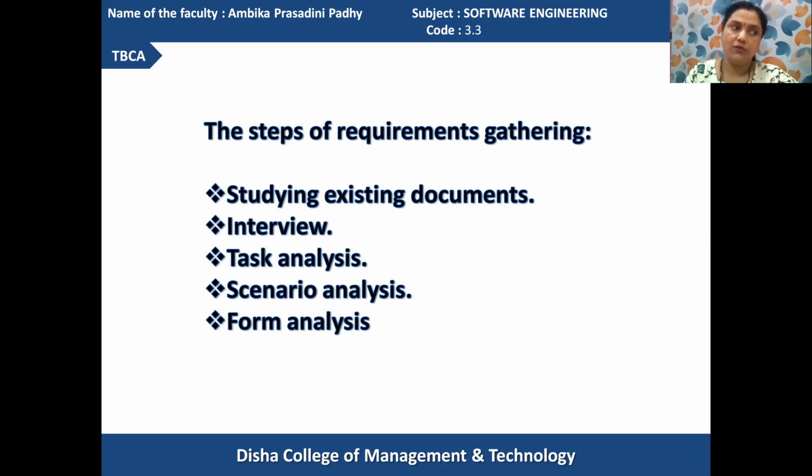This is the first scenario. Another one: the book is reserved and cannot be issued to the member. If the book is not available, then you can say that the book is reserved for somebody else, and the user requiring that particular book cannot be provided with it. So this is another scenario. The maximum number of books that can be issued to the member is exceeded, and the book cannot be issued to that particular member.